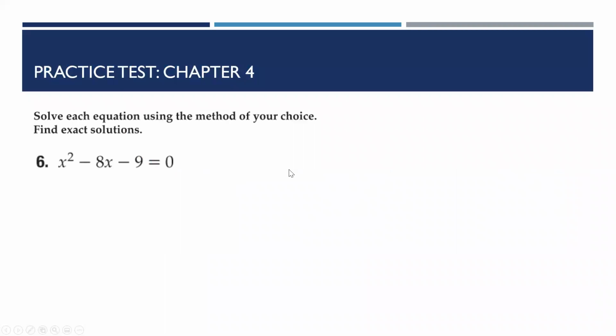So it says solve each equation using the method of your choice and find exact solutions. Okay. So there are several ways that you learned how to solve a quadratic equation. For this one, I'm going to use factoring because remember, you need the factors of negative 9 that add up to, in this case, negative 8.